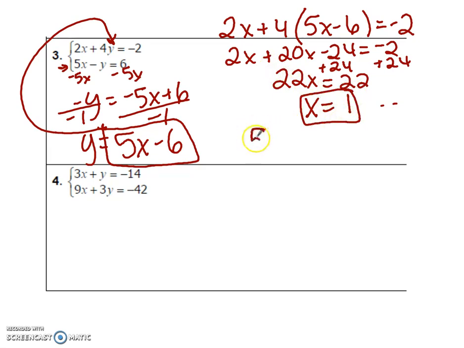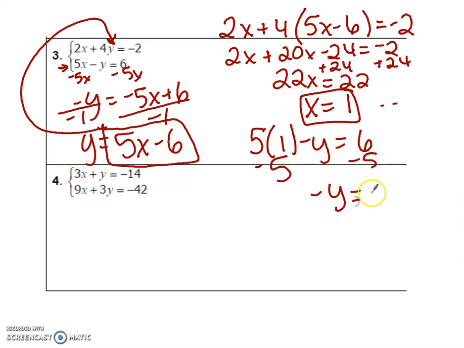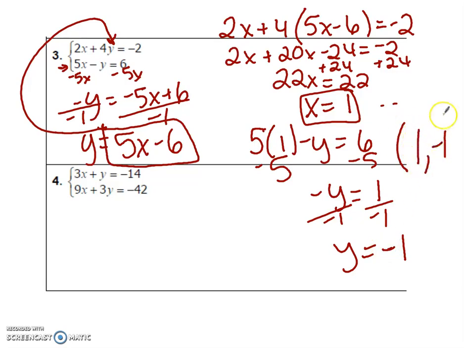Okay, so let's use the second one. 5 times 1 minus y equals 6. So 5 times 1 is 5. So we're going to go ahead and subtract 5. So we get -y equals 1. So divide by -1. Y equals -1. So our point is (1, -1). So that is solving systems.